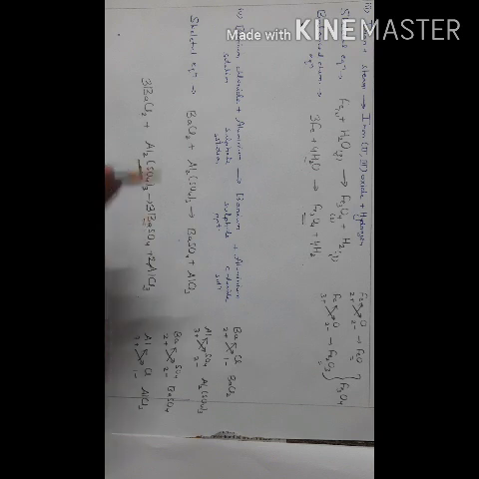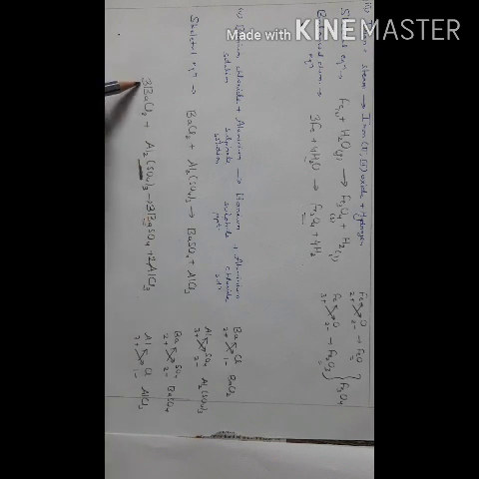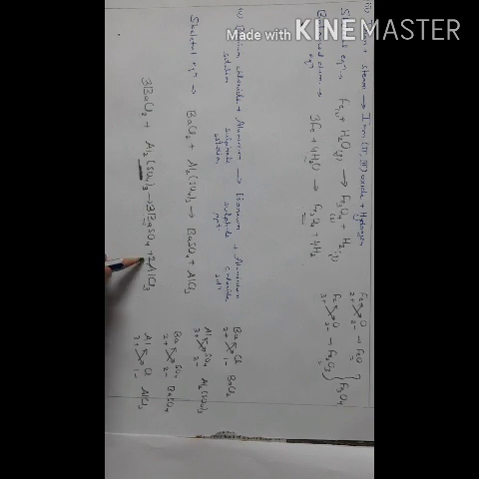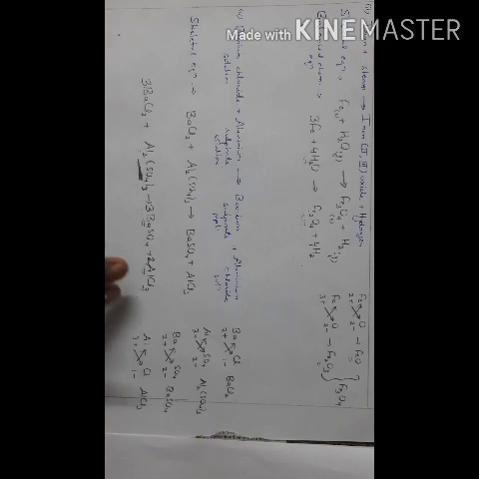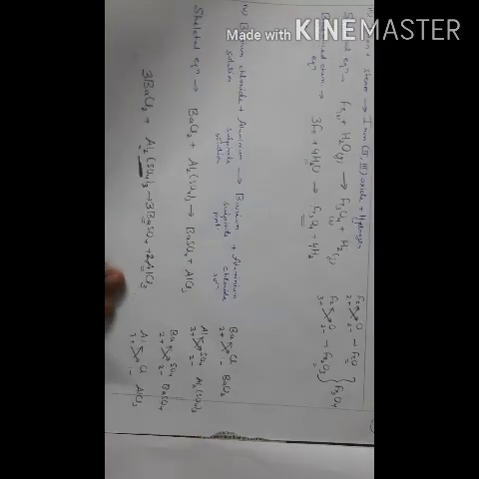So to balance this, on the left hand side in front of BaCl2, I have written 3. Now barium is balanced. Check what happens to chlorine. 3 into 2, 6. On the right hand side, it is AlCl3. So to balance chlorine, I write here 2. When I write here 2, check whether aluminium is balanced. It is 2Al, and on the left hand side also it is Al2. So this particular equation is now balanced.